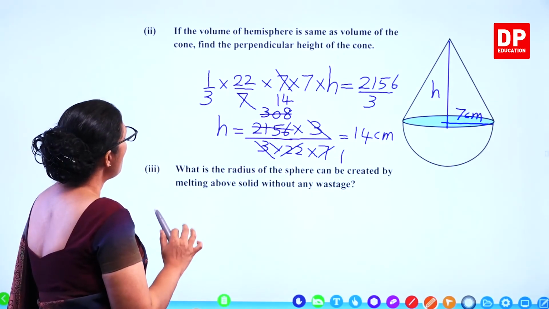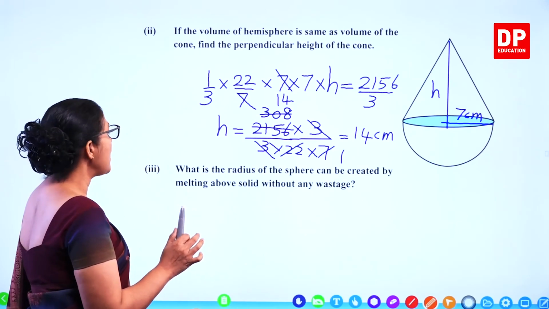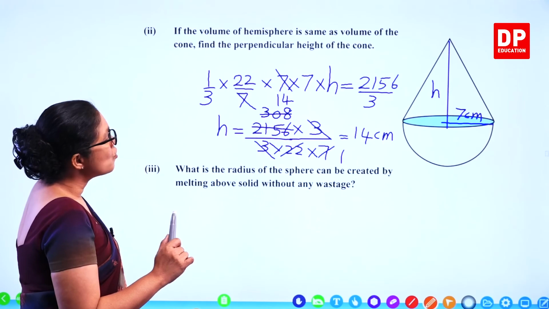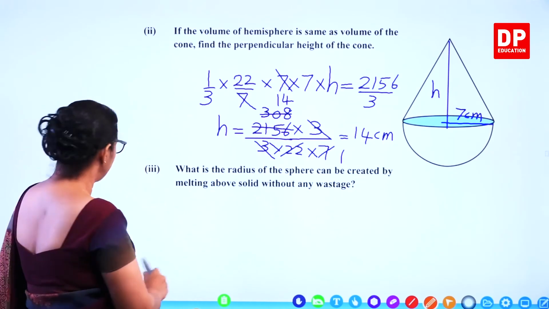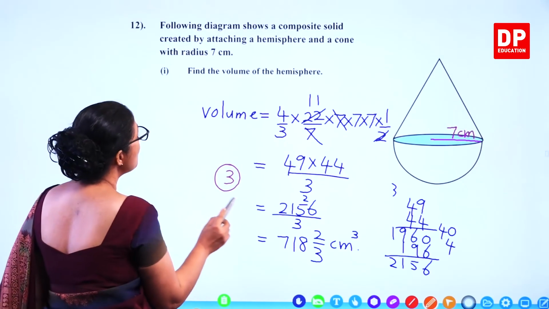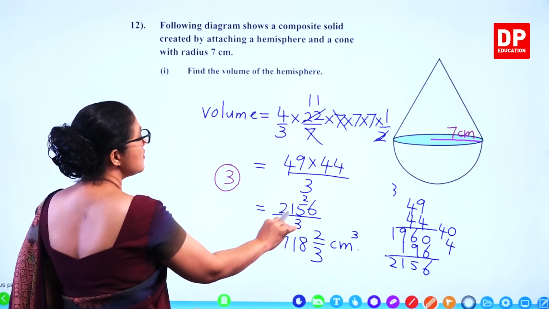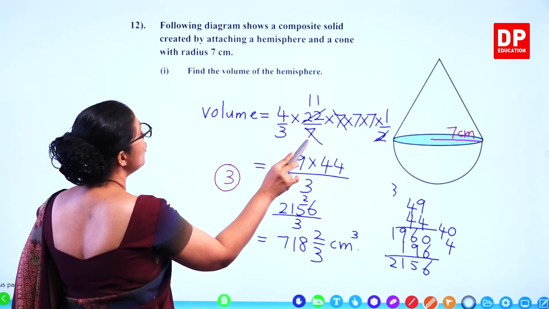Now third part. What is the radius of the sphere that can be created by melting the above solid without any wastage? So what's the total volume? So volume of the hemisphere we found 2156 over 3. So this is same as the volume of the cone.